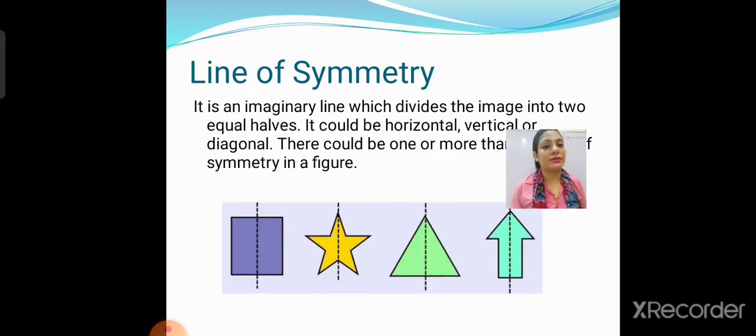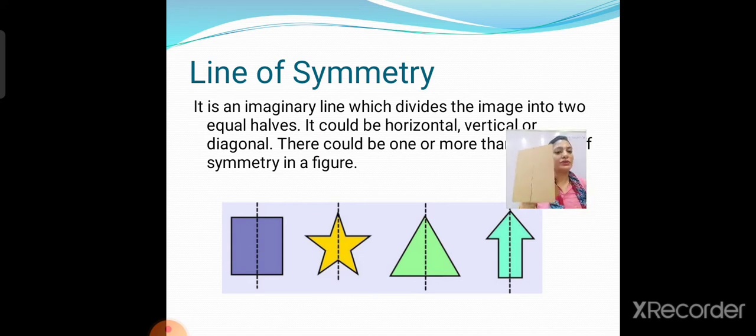Line of symmetry. It is an imaginary line which divides the image into two halves. If I am talking about this frame and I have to put a line in it, this is a line of symmetry, but it is imaginary because I have not drawn on it.